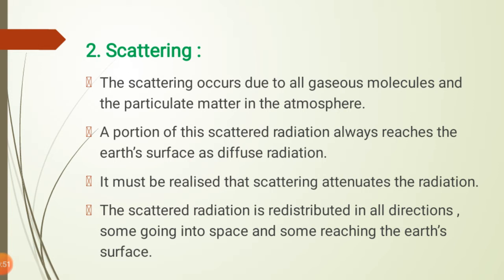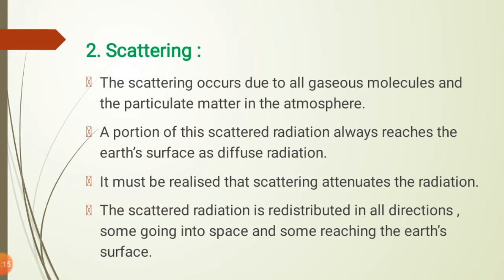The scattered radiation is redistributed in all directions, some going into space and some reaching the earth surface. That means due to scattering there is a change in the direction of the radiation, and some radiation after scattering goes back to space and some reaches the earth surface.